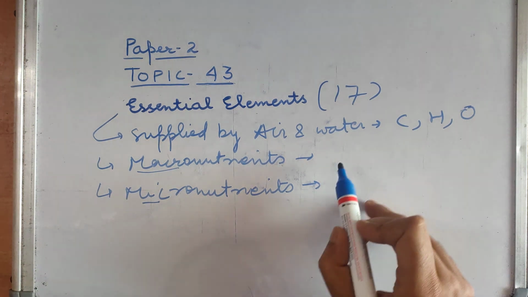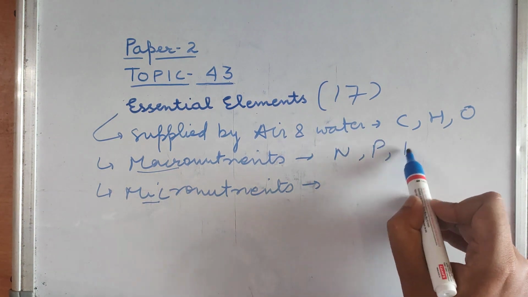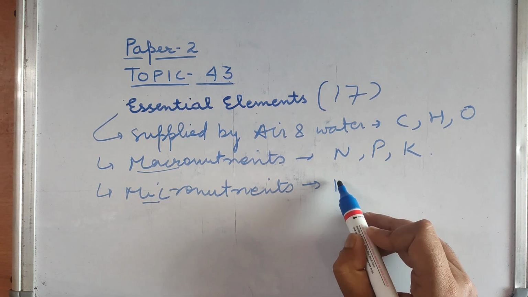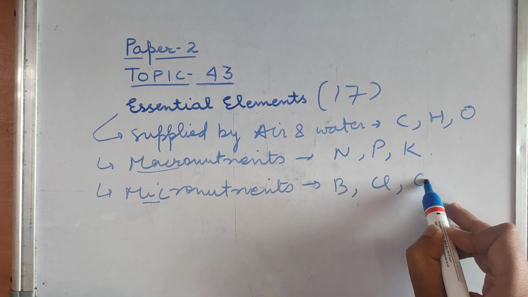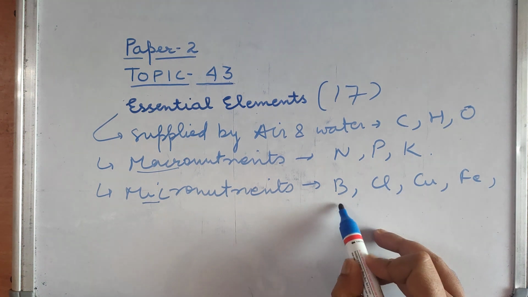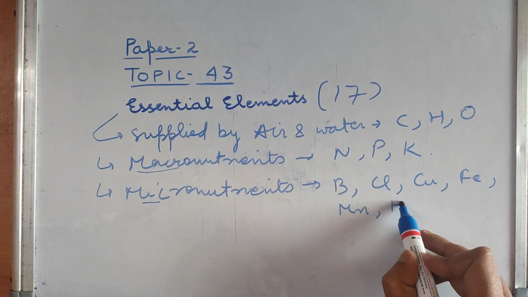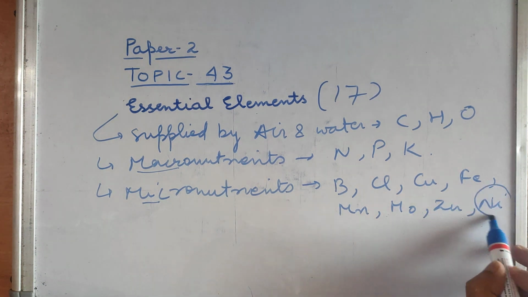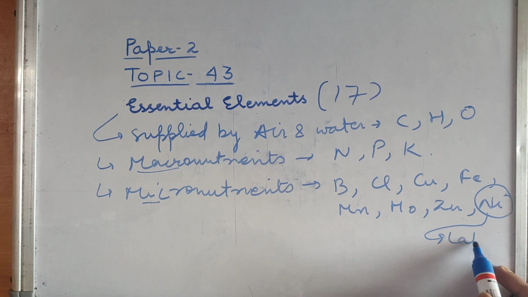The macronutrients are N, P, K, and the micronutrients are B, Cl, Cu, Fe, Mn, Mo, Zn, Ni. Here Ni is the latest addition.